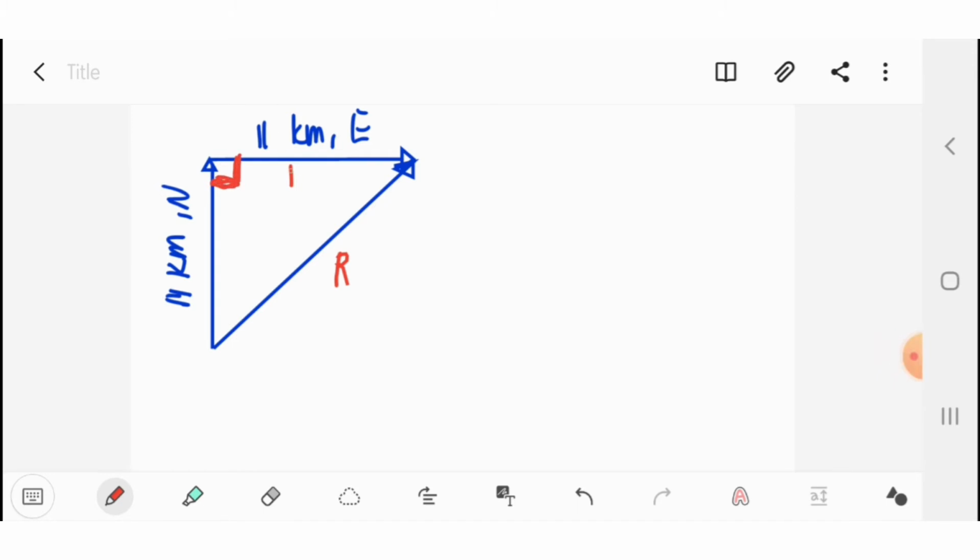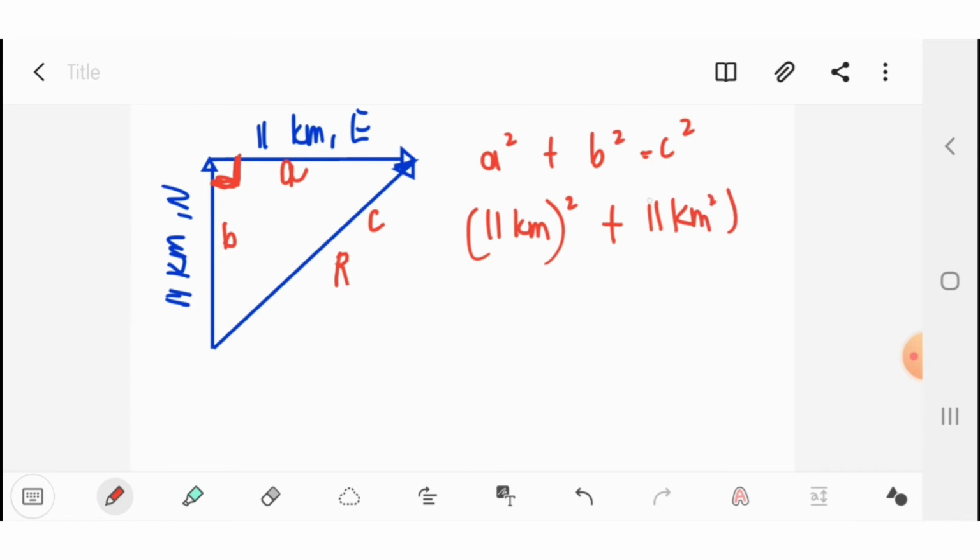So this is your side A, this is your side B, and this is your side C. The Pythagorean theorem says A squared plus B squared equals C squared. Therefore, our A is 11 kilometers squared plus our B is 11 kilometers squared equals R squared.